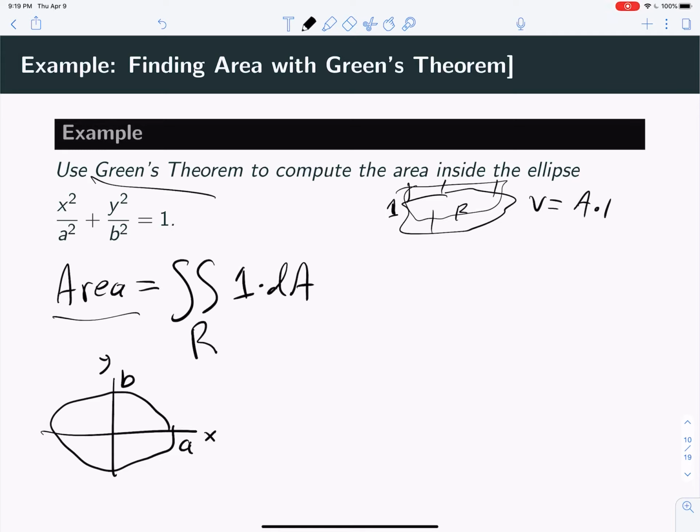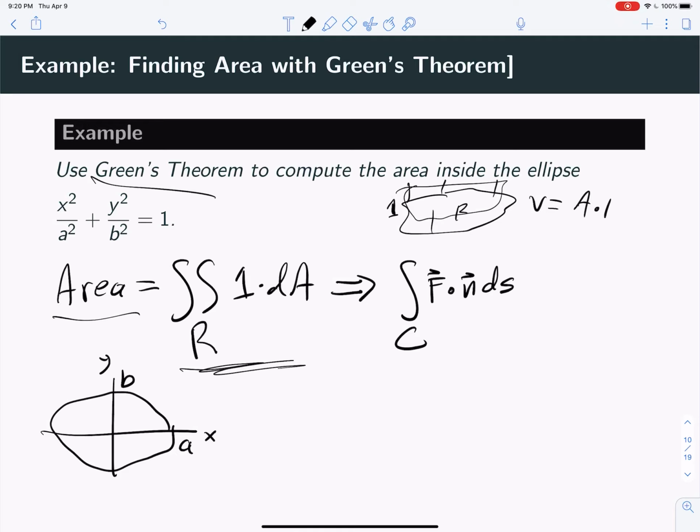It's actually a hard problem to do with a double integral. So what we're going to do is turn this, using Green's theorem, into a line integral. And so the line integral would be of a vector field F dotted with n ds.